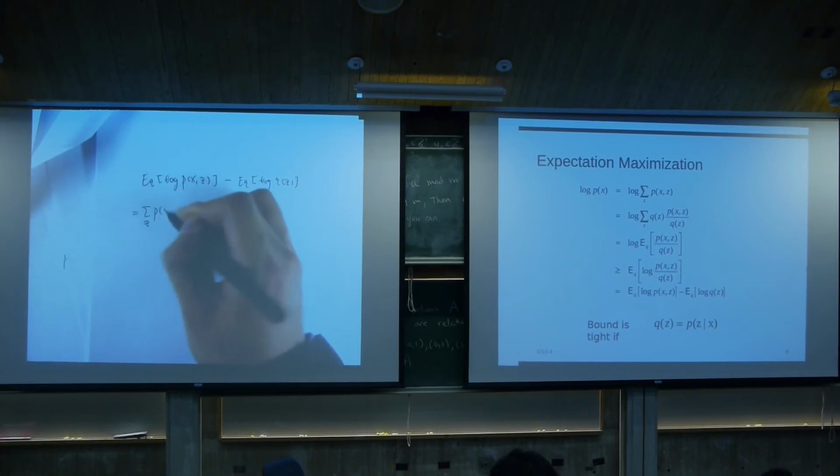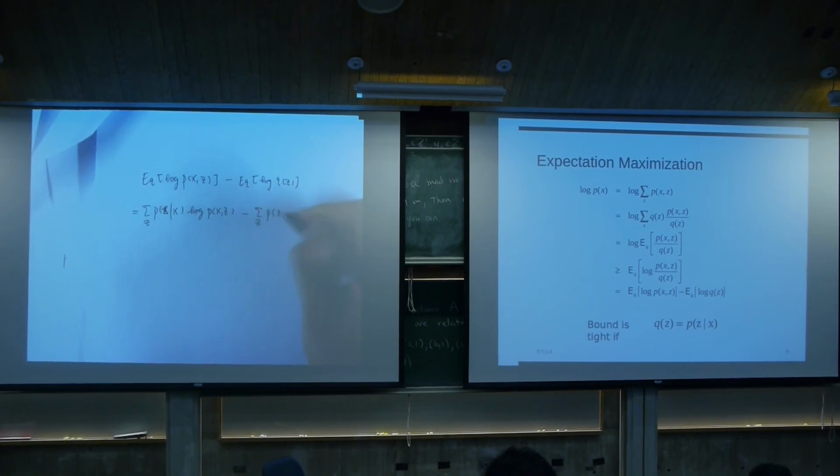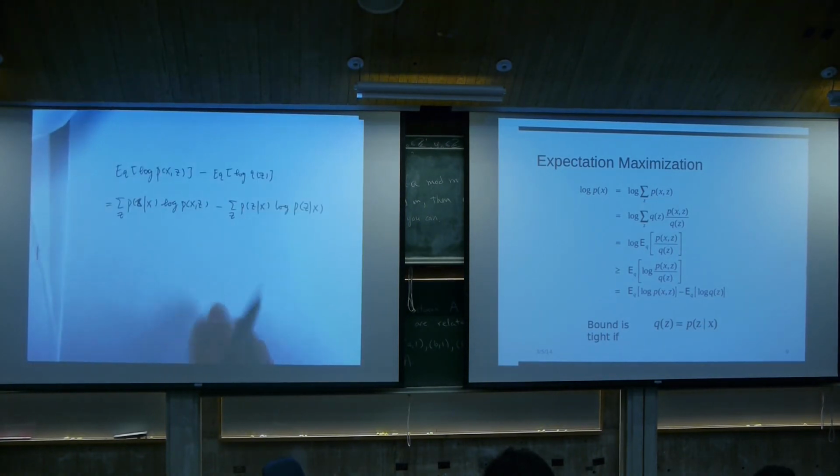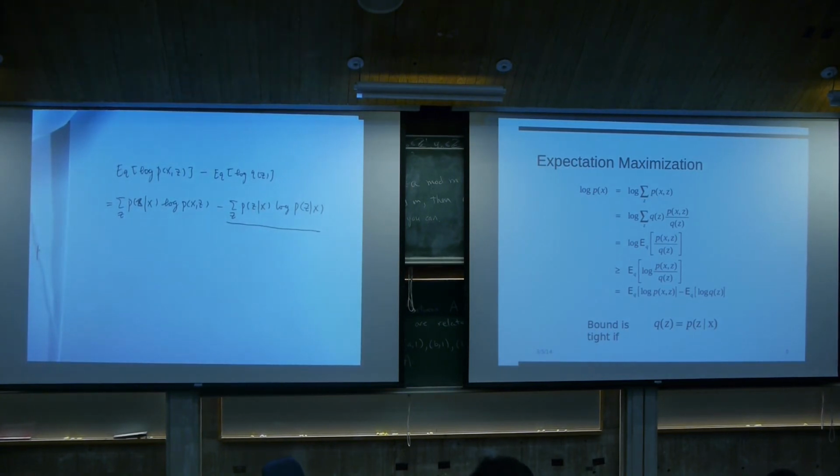Sum over Z of P(Z given X) log P(X,Z), minus the second term. The second term can be eliminated because P(Z given X) is some quantity, some numbers you already computed from the E step. So this guy is a constant, so you can drop it out.